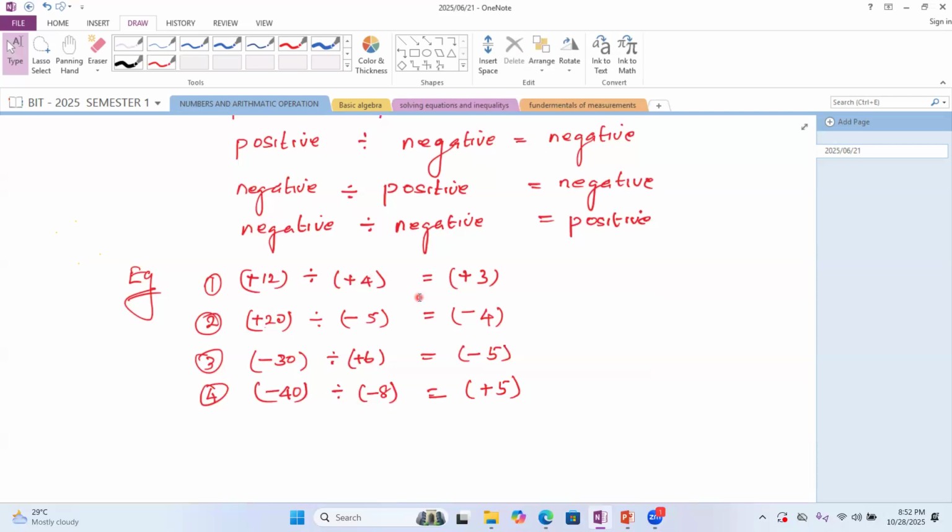Right now, without using a number line or calculator, evaluate the addition, subtraction, multiplication, and division.